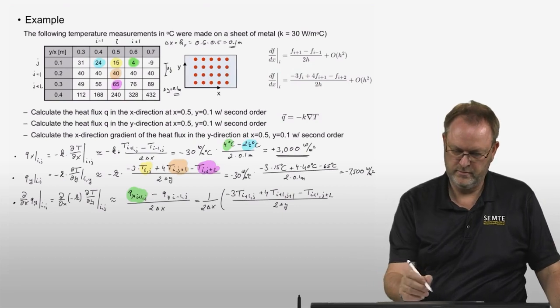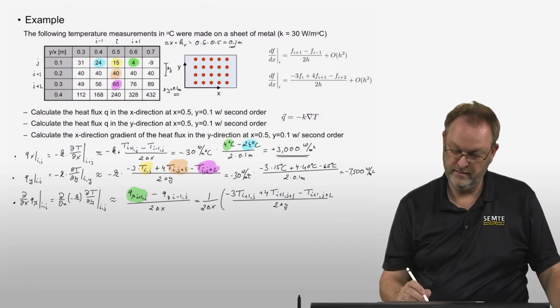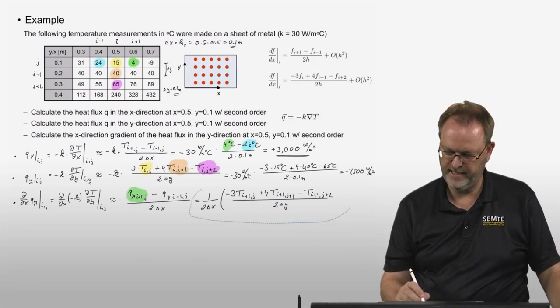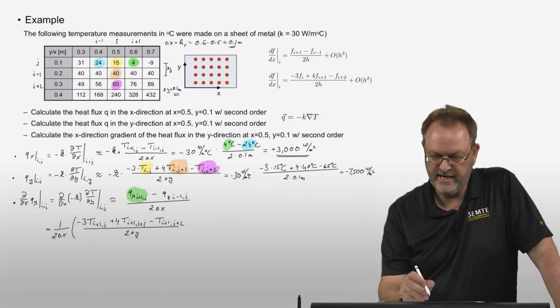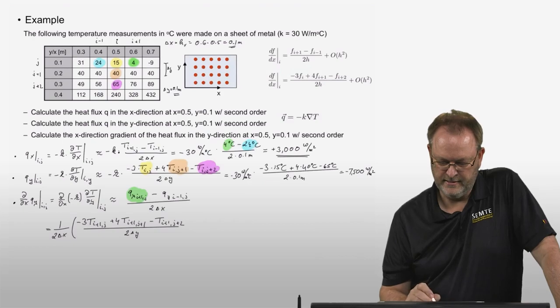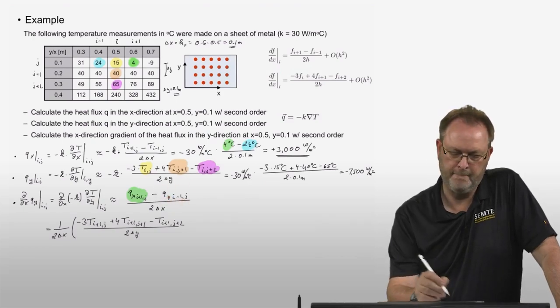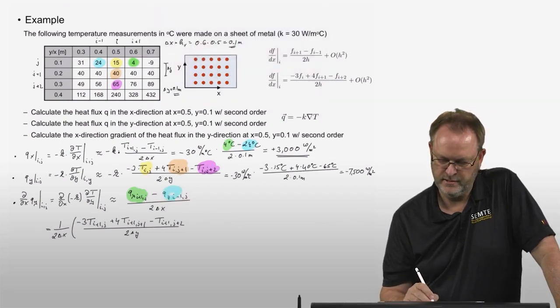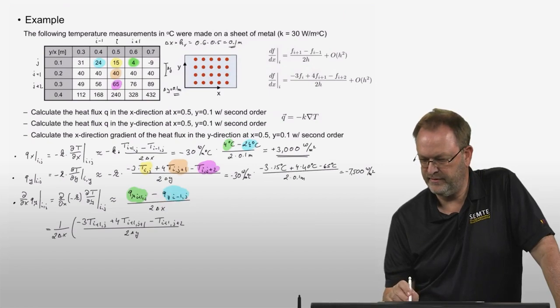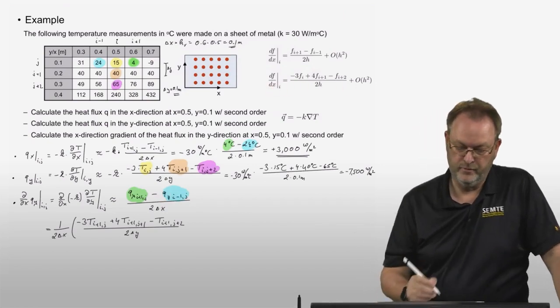And now I need a little bit more space. Should have planned better. So let me just move this over here. Because now I need to calculate this term here, qy at i minus 1, j. Well, that one is here at that blue location. So I need to evaluate dT/dy at that blue location.